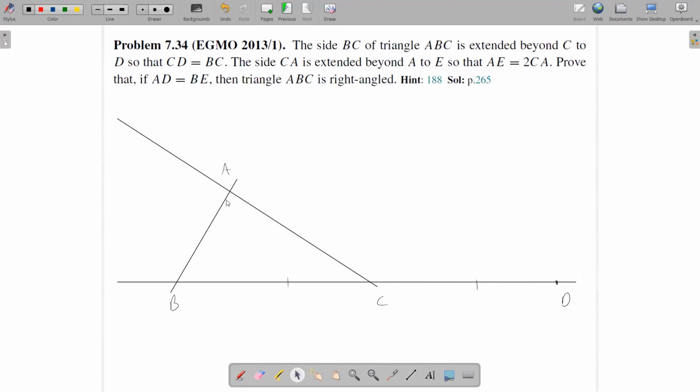I think what I can do, I'll just cheat. A is now here. Okay. And so E will be about here. A bit farther away, but whatever. And so EA is 2CA. Let's see, AD equals BE.